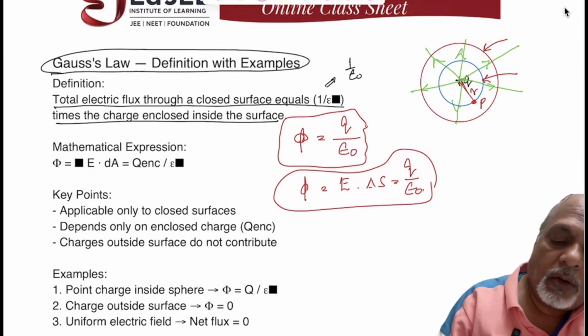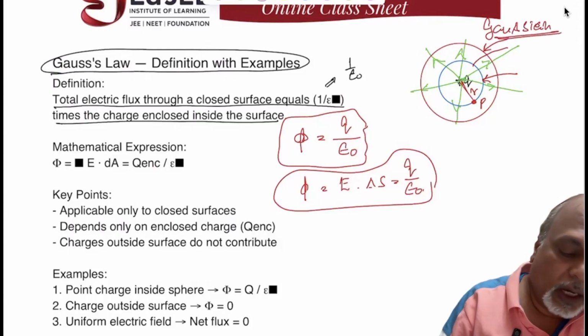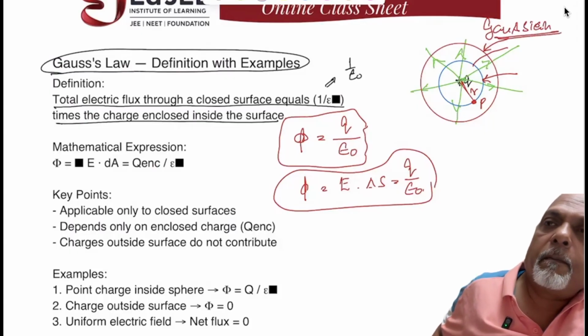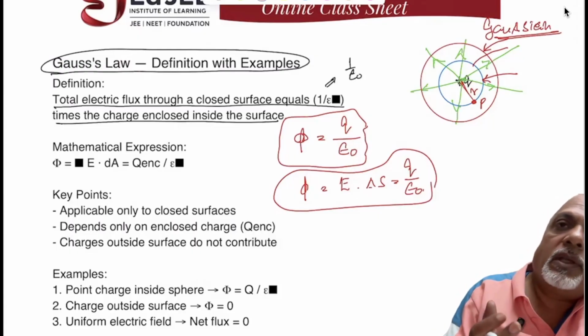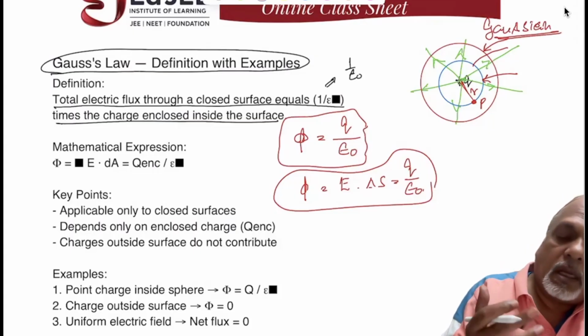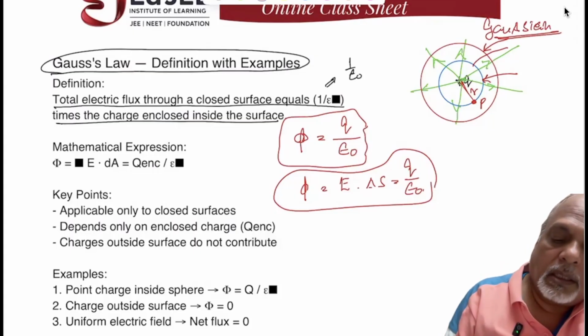This is basically called a Gaussian surface. A Gaussian surface is a 3D surface. You have to make the Gaussian surface in such a way that you enclose that charge.